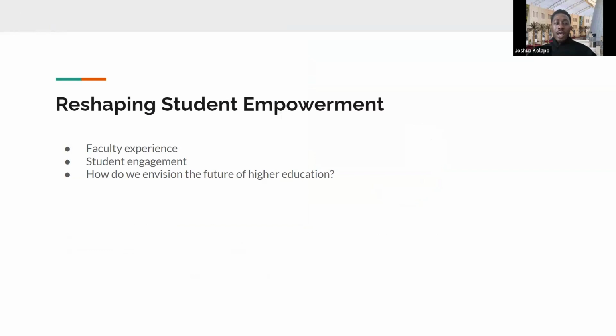So when we think about reshaping student empowerment, one of the things is really looking at the faculty experience. As my colleagues have mentioned, we have this interdisciplinary approach. And so that also means that we're teaching classes in this kind of scope of things, and we're also teaching classes that may not be in our direct line in terms of the majors we got our degrees in.